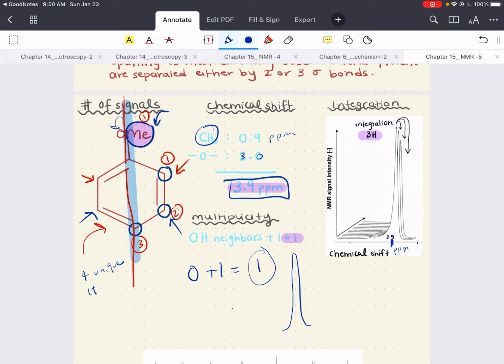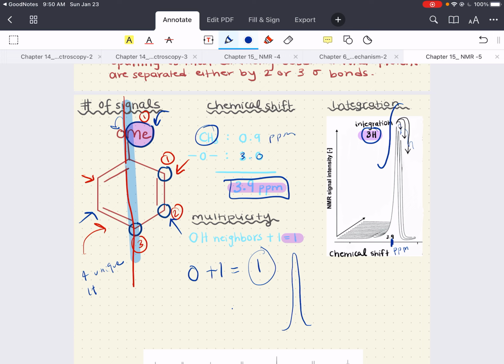But there's 3 hydrogens there that are equivalent that give off that signal. So whenever you integrate this peak, the integration is going to be 3 hydrogens. 3 hydrogens give this exact same signal back to back to back, but you will only see it as 1, because they're all equivalent.